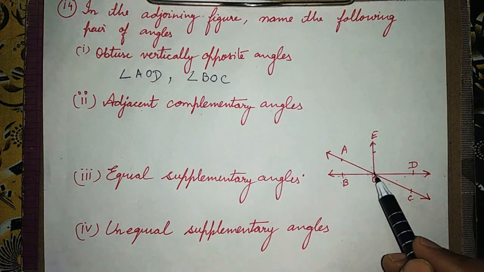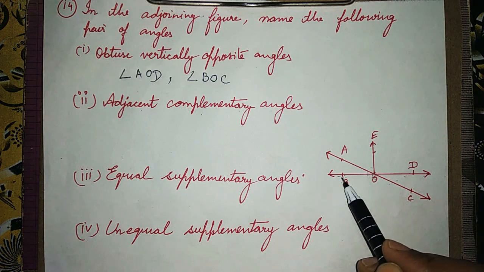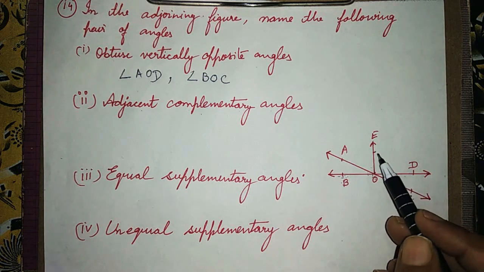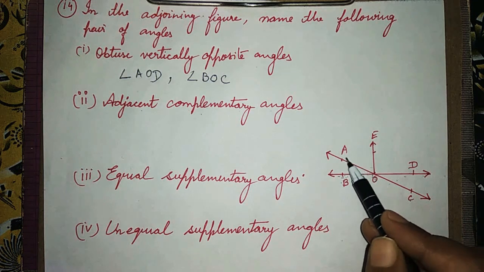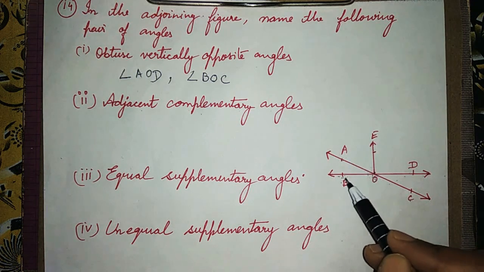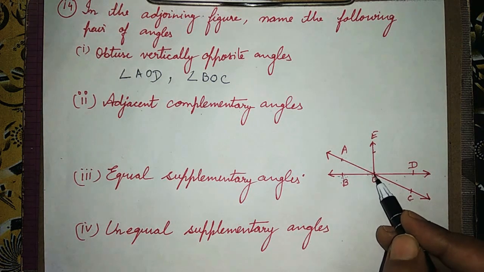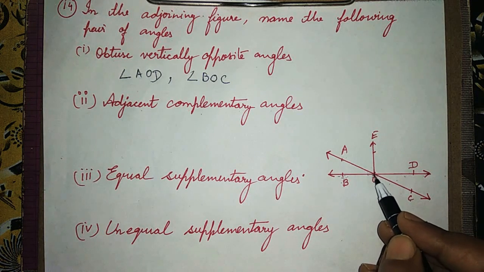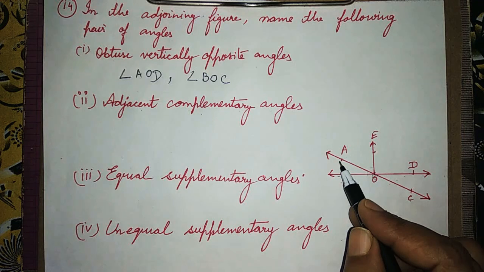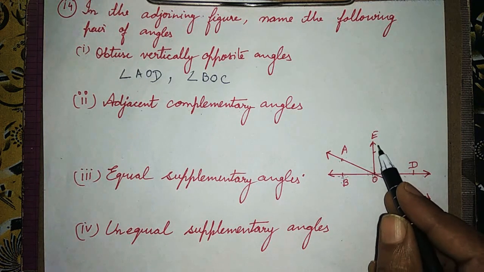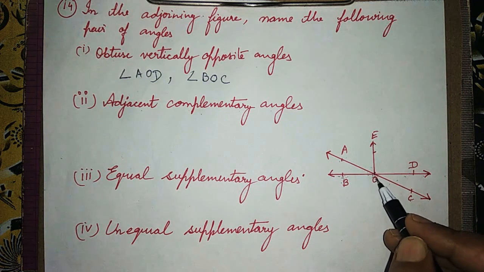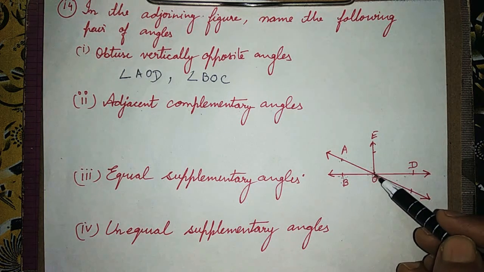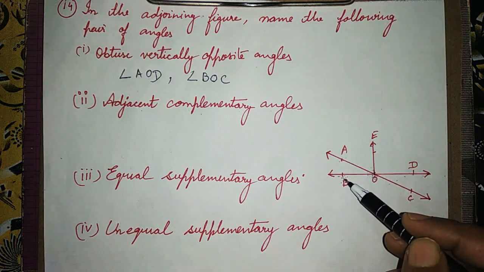And one more thing you can see here, that they are adjacent because angle EOA and angle AOB have a common vertex O and common arm OA, and two non-common arms on both sides of the common arm OA. The non-common arms are OE and OB.